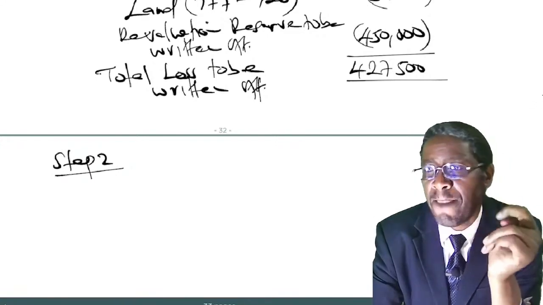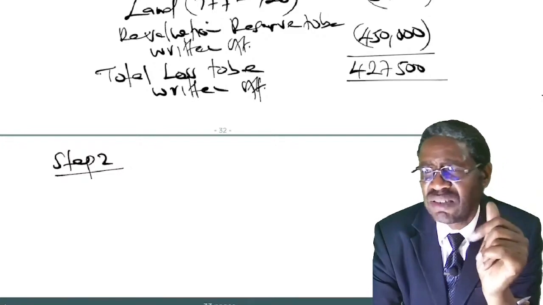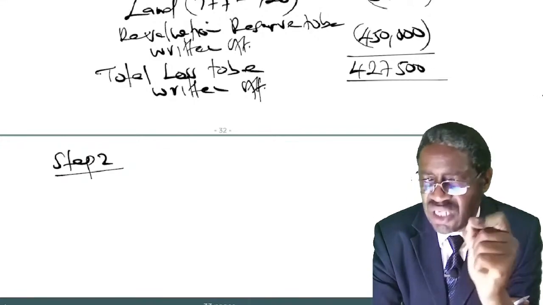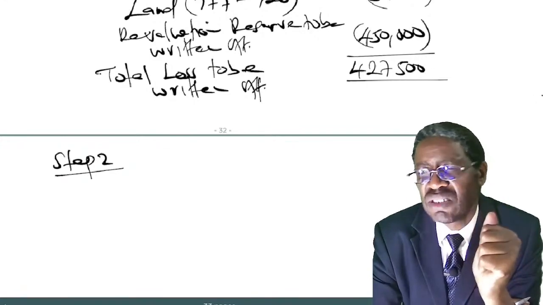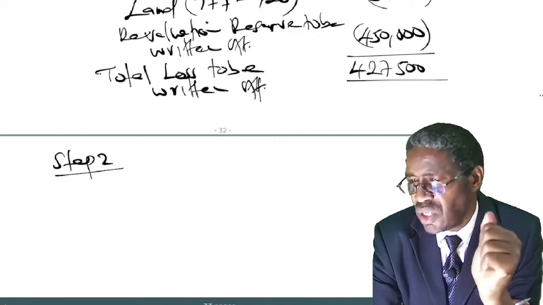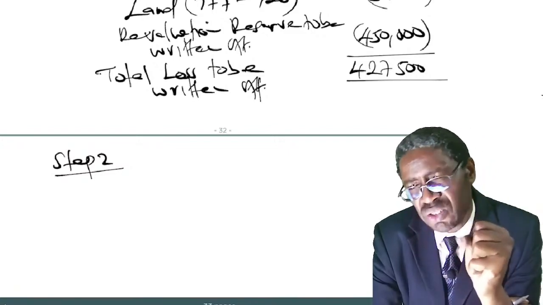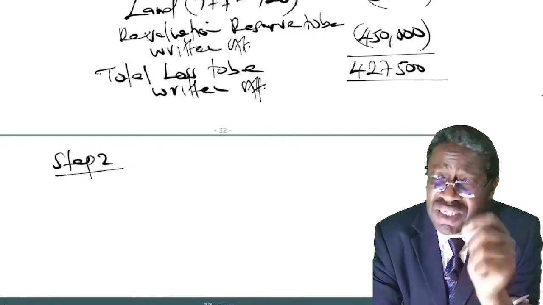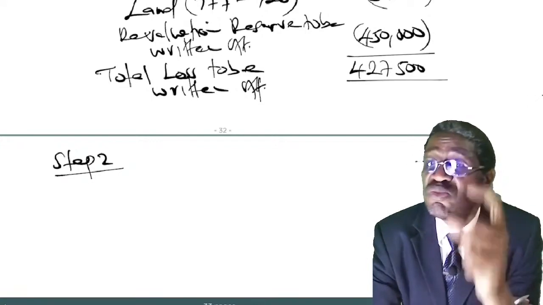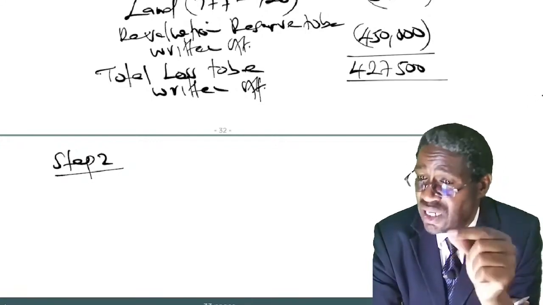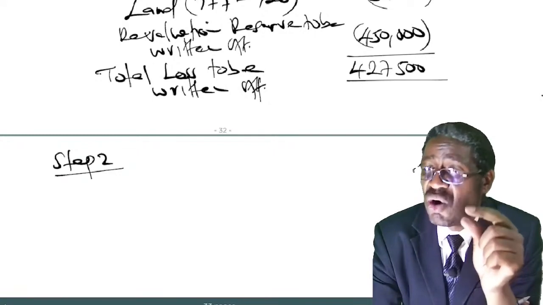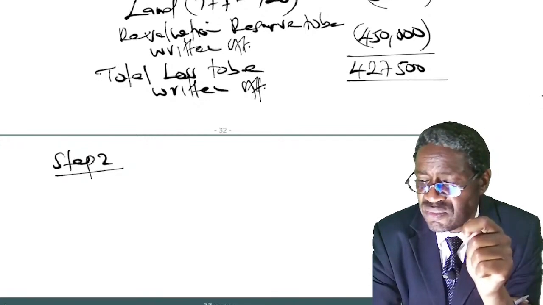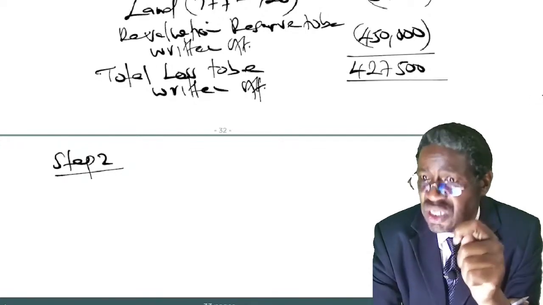Then you say this. This is done so as to determine who among the stakeholders of the company is to be requested to suffer the loss in step 1.